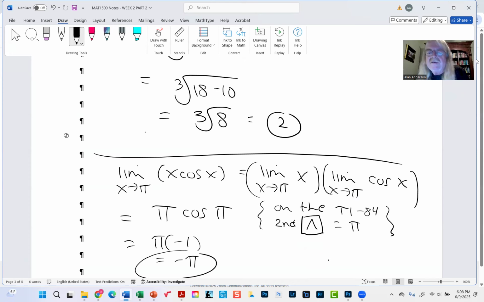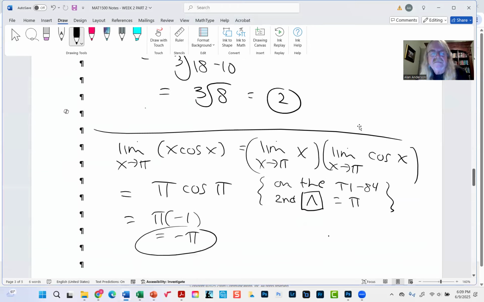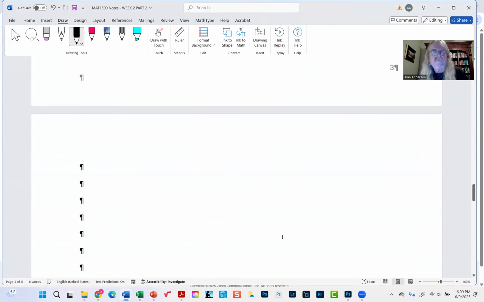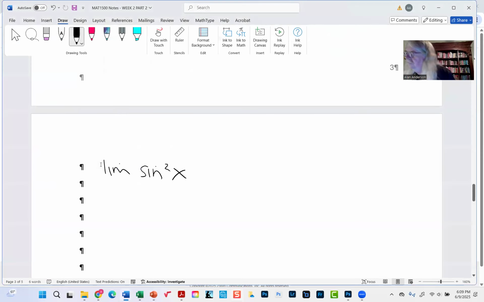That takes care of it. And then finally, we have the limit of the sine squared of x as x approaches 0. So I think what they want you to do here is note that this could be rewritten as sine of x, squared.